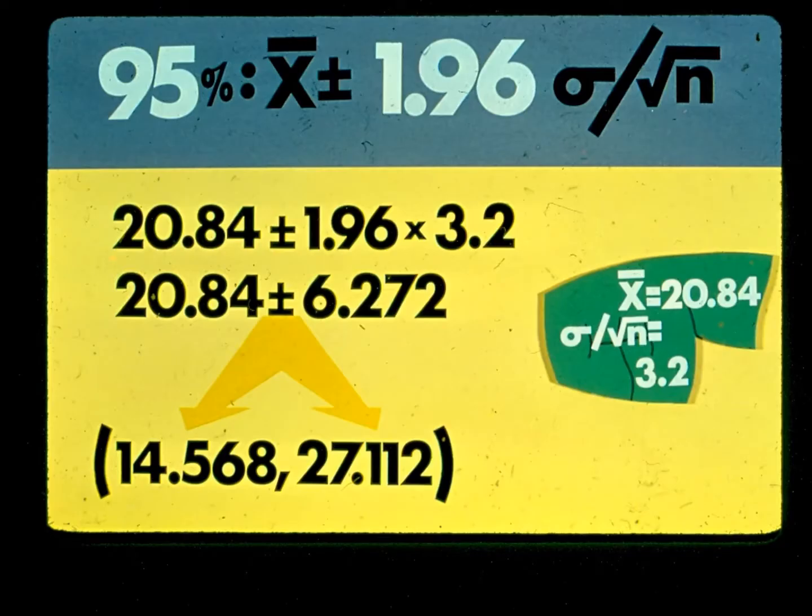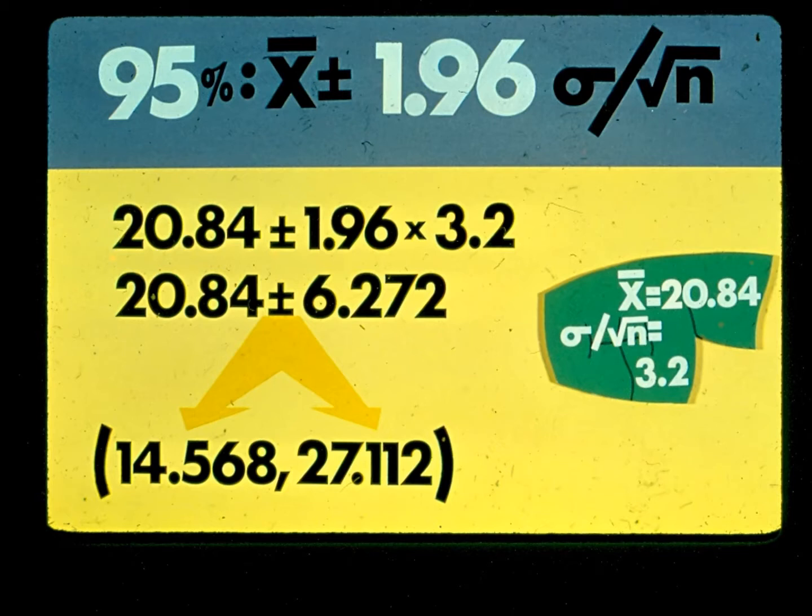The general formula for a 95% confidence interval for mu with sigma known is given at the top: X bar plus or minus 1.96 times sigma over the square root of n. This formula is a much more convenient way of computing the interval than starting with a probability statement about z as we did earlier.